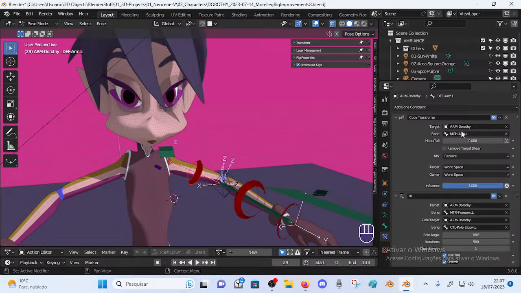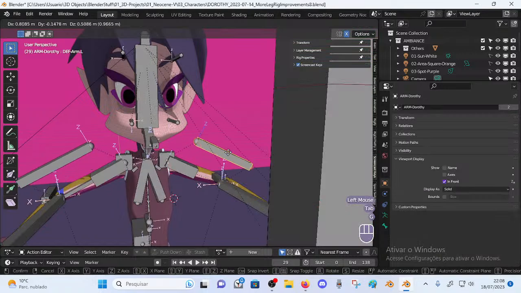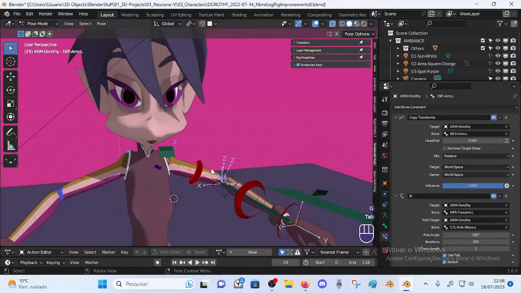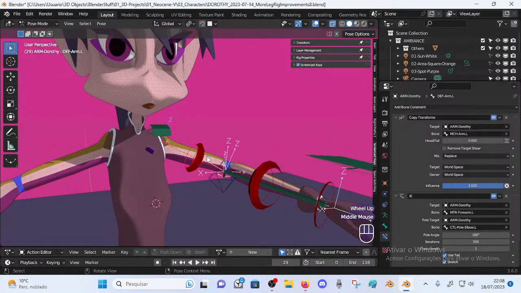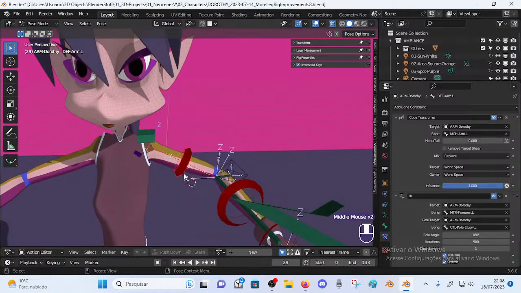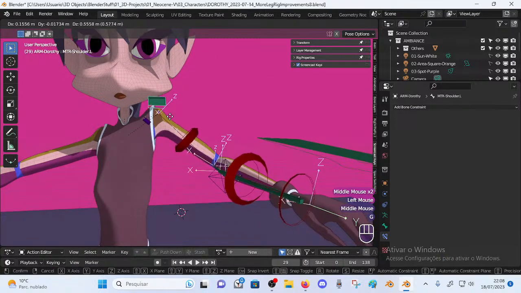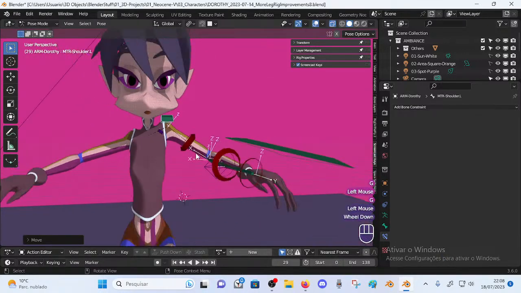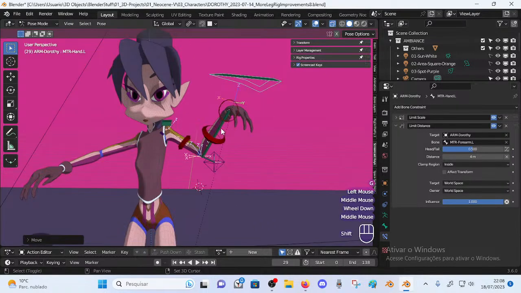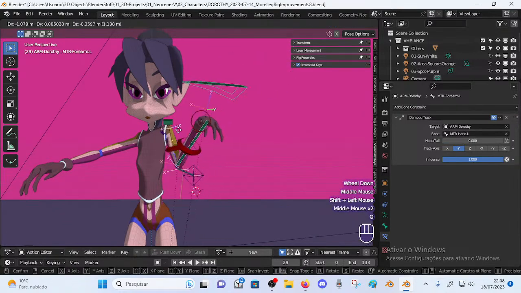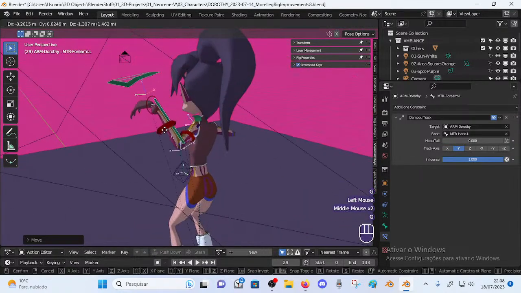Yes, it's more or less floating, and it copies transforms of that bone which I have hidden. So here I just wanted to show a bit of this arm rig using the shoulder.